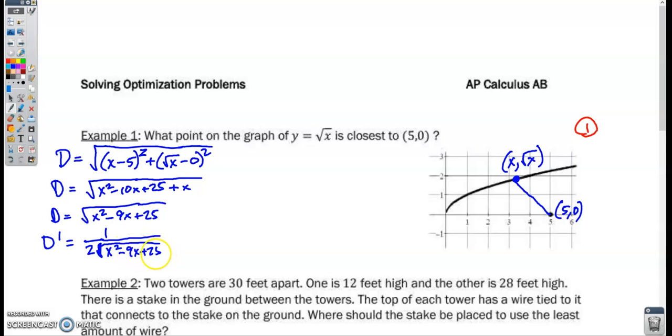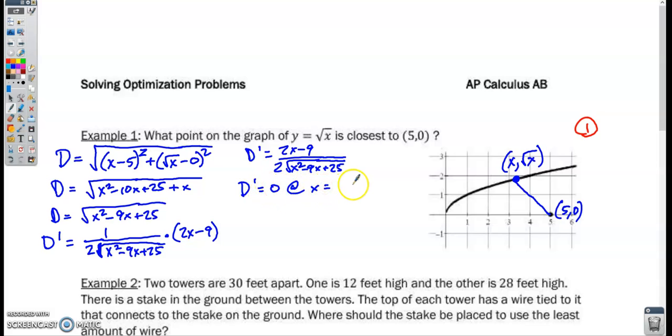Fix my signs. So we've got 1 over 2 times the square root of that, and then applying the chain rule, times the quantity 2x minus 9. And so d prime is equal to 2x minus 9 over 2 square root of x squared minus 9x plus 25. The derivative is equal to 0 at x equals 9 halves, or 4.5.